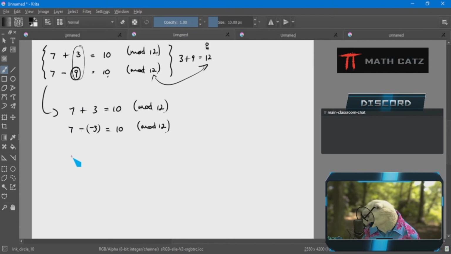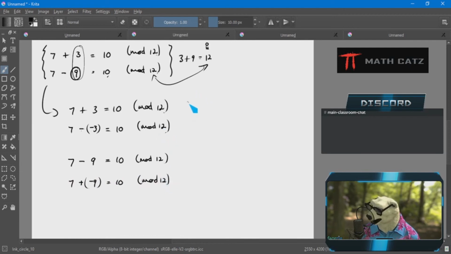If I do it the other way around, 7 minus 9 equals 10 mod 12. Then I could say if I subtract by an integer, by a number, it's equivalent to adding its additive inverse.